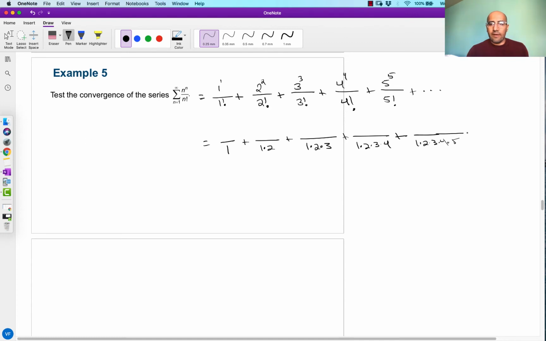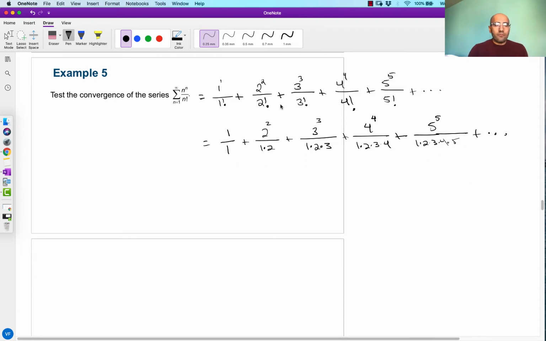So you start to see the pattern there, and so on and so forth. The numerators we can leave as powers: that's 1, and that's 2 squared, which is 4, 3 cubed is 27, 4 to the power of 4, 5 to the power of 5, and so on.